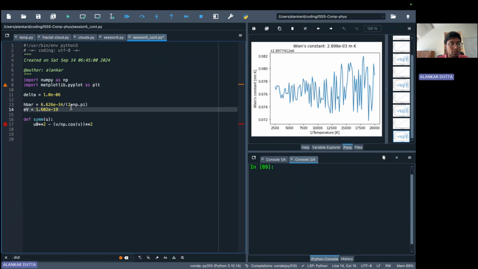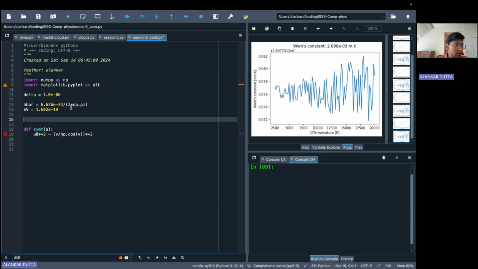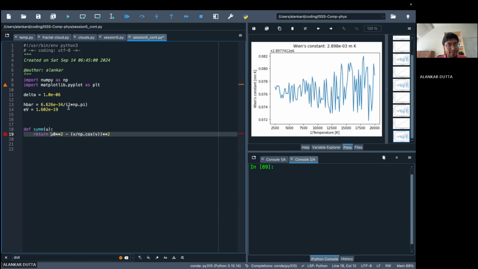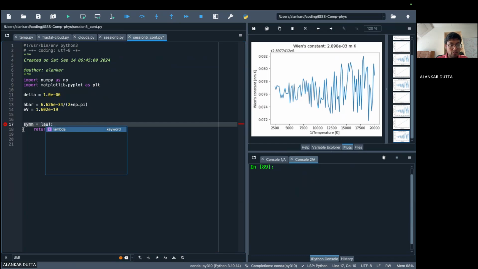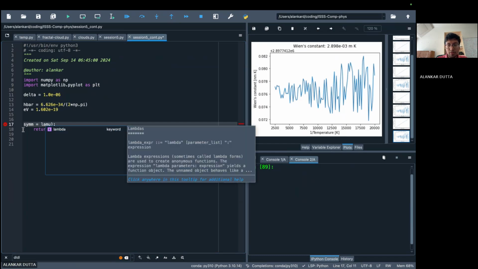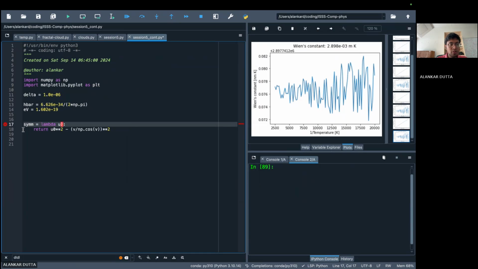So now let's write what are u naught and v. This is what we are going to return. Even then, let's write this in terms of lambda functions.